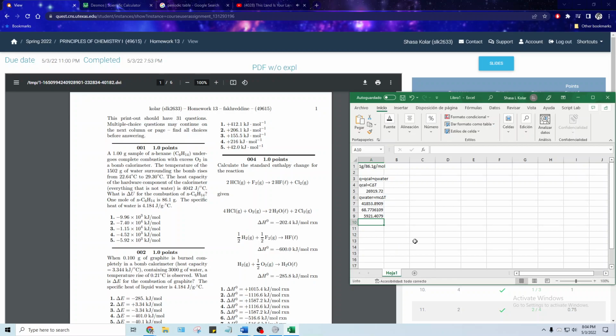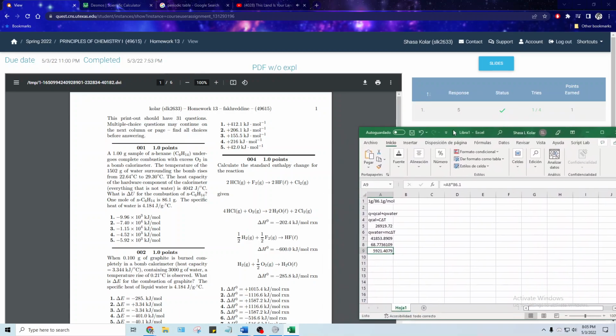Anyway, so we got our delta H, Q, delta H, whatever, same difference, which is 5,921 kilojoules per mole. Because they're using significant figures, it'd be 5.92, which is number 5, which is the correct answer.